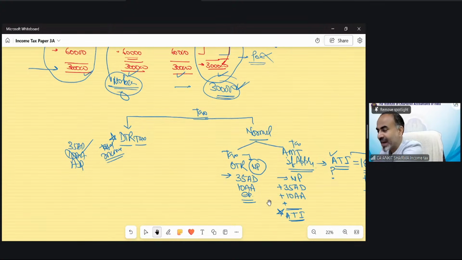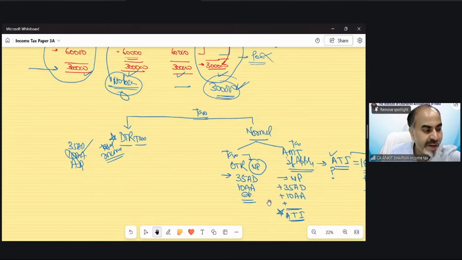And what exactly is going to happen? You have a total income which would be almost equivalent to the default tax regime total income, or we can say as per accounting profit, whichever has been shown in the accounting profit and loss account. So that was the basic intention.